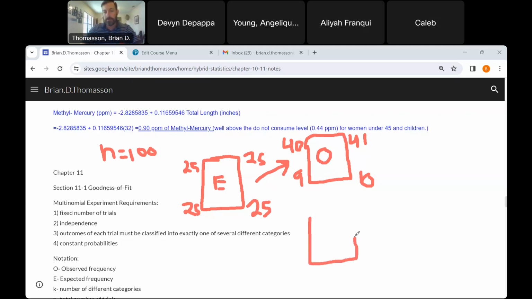Now, if we kept track and maybe there's 24 here in the front left and 26 here, and maybe 23 here. What's left over? 27 here.